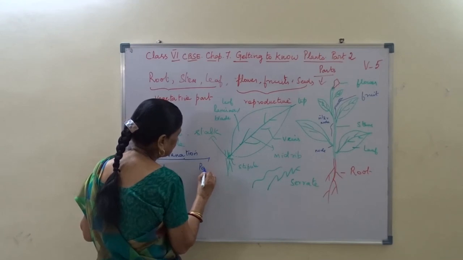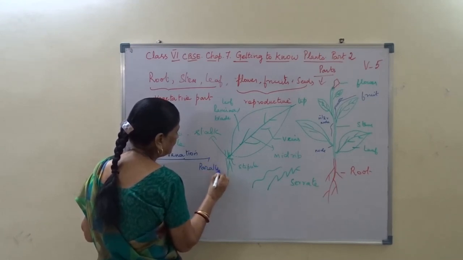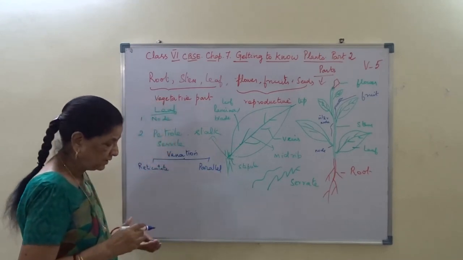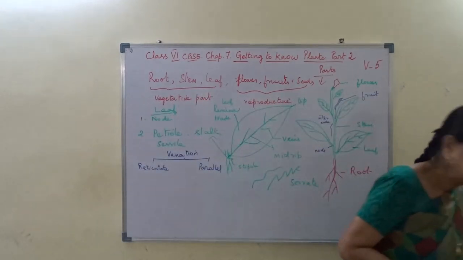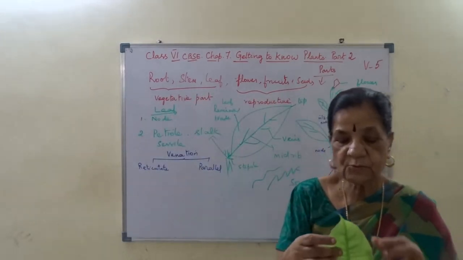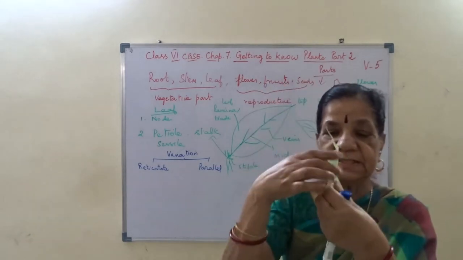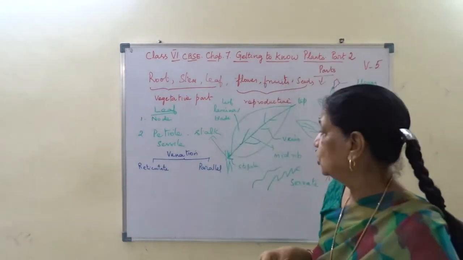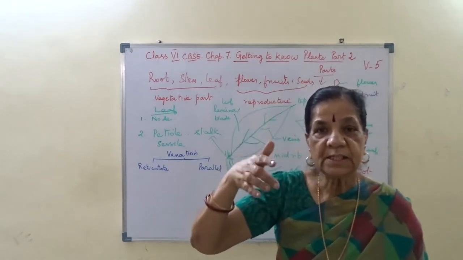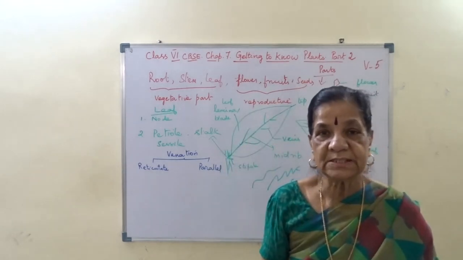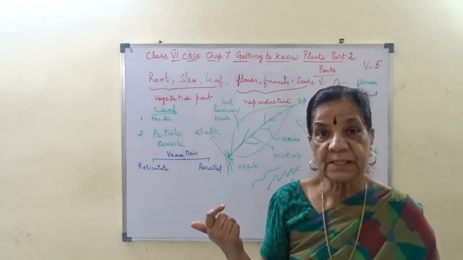Another one is known as parallel venation. When the veins are forming a network of veins, it is called reticulate venation. When the veins are running parallel to each other, example banana leaf.